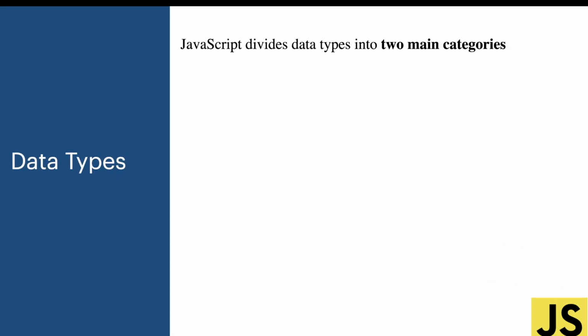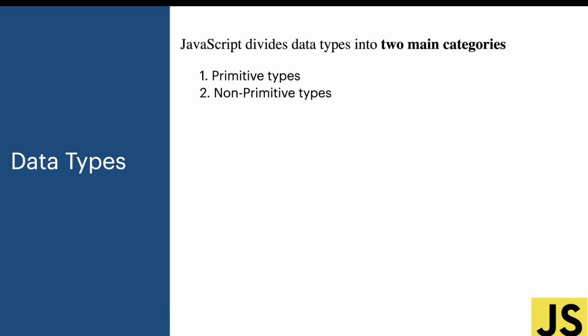JavaScript divides data types into two main categories. We have the primitive types and the non-primitive types. Primitive types are the most basic data types and they are immutable, meaning that their values cannot be altered directly.